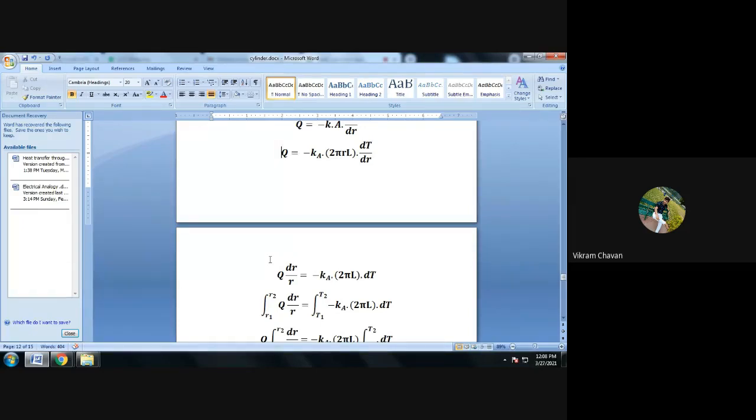We have taken the radius variable on one side and the temperature variable on the other side, so it will be easy to integrate the equation.